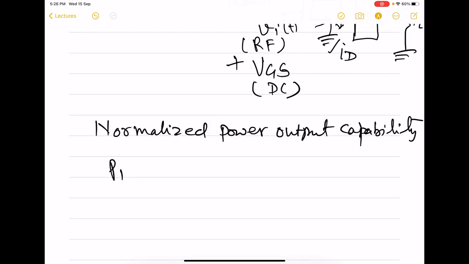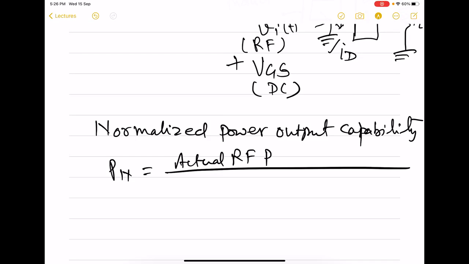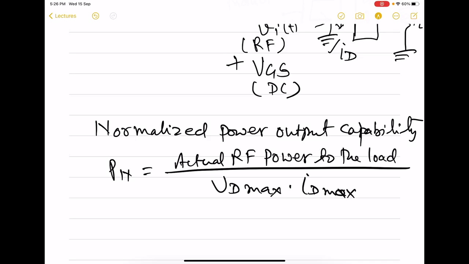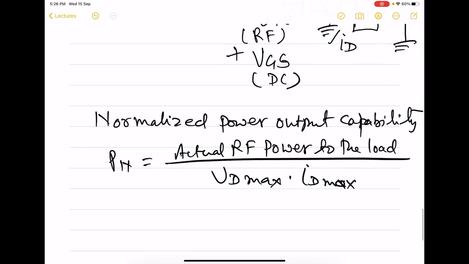And this is defined as Pn is equal to the actual RF power to the load divided by the maximum of drain voltage into the maximum of drain current that it experiences.